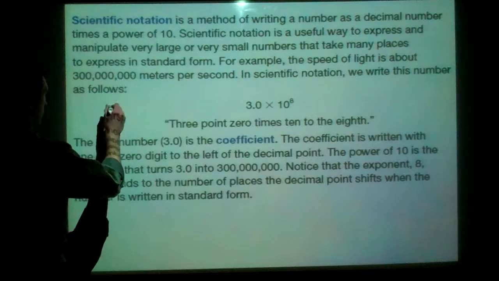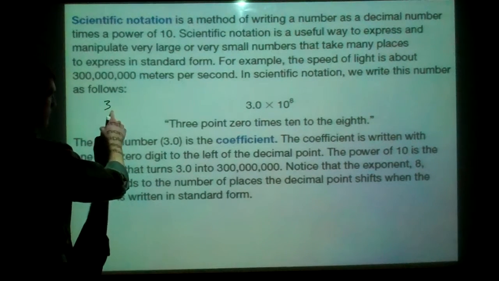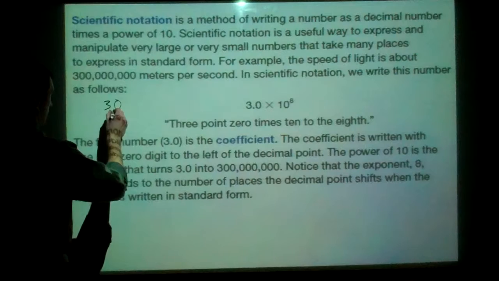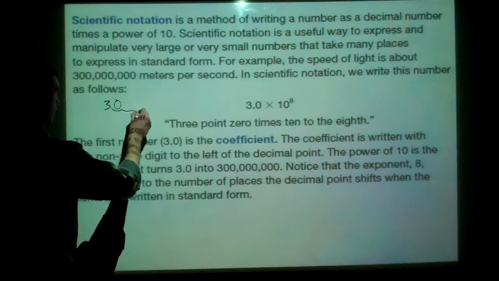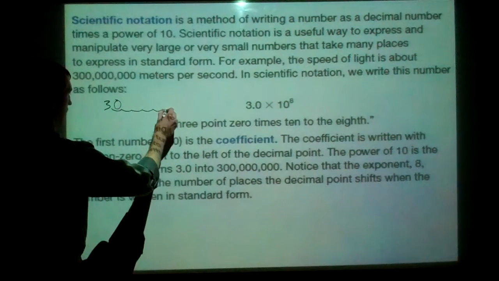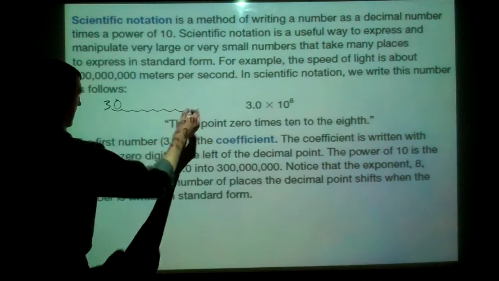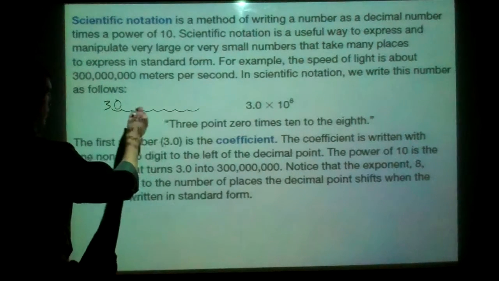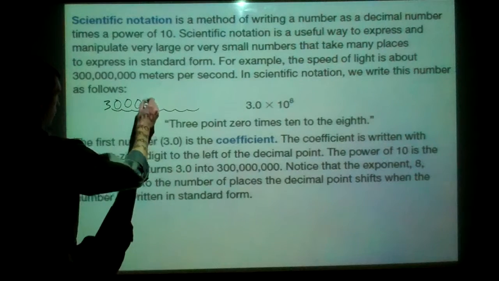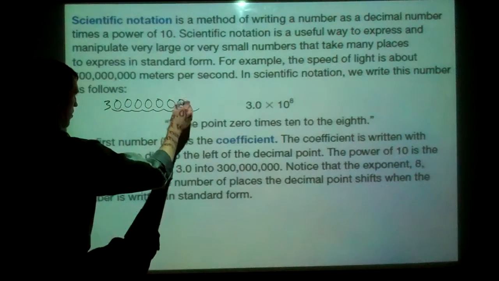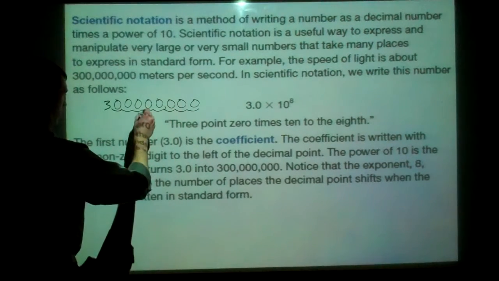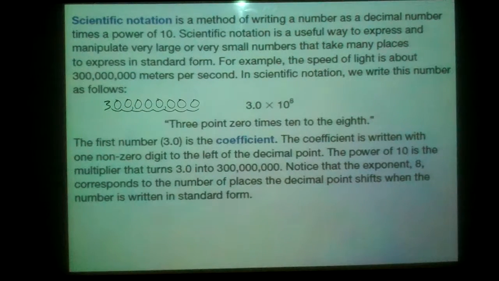So just to show you, 3 here was our decimal point. So it would be 1, 2, 3, 4, 5, 6, 7, 8. Any of these little loops gets a 0. And then we fill in with our commas. And that's where we get the 300 million from. Okay?